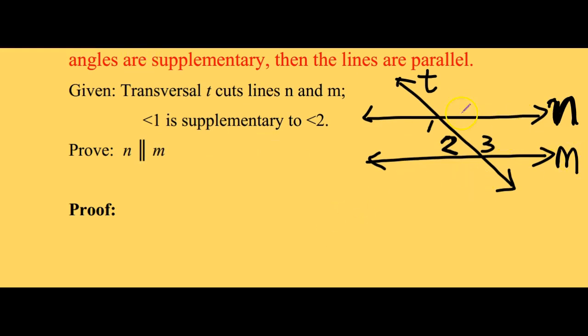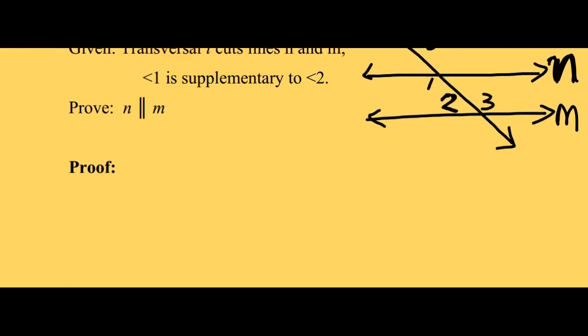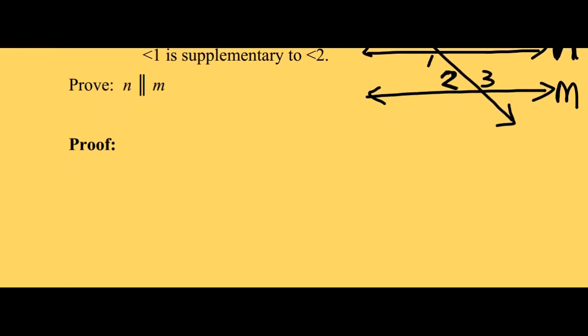Okay, so we draw our two column proof like that. The statement, and then the reason.